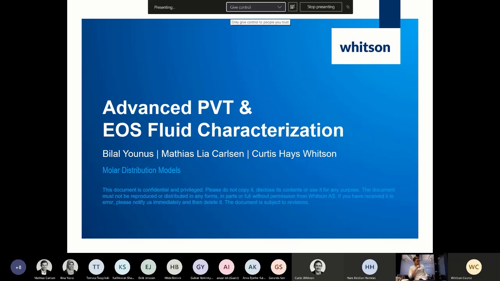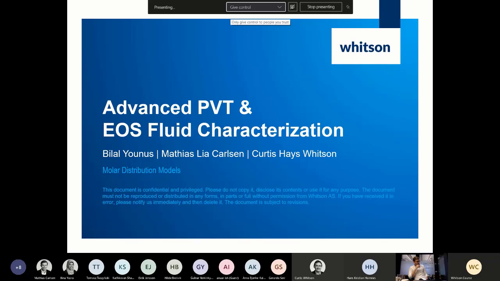What Curtis has said is that if we do proper C7 plus characterization and develop an equation of state model, that initial EOS model, without any tuning, should give us reasonable predictions. And how we can make sure that we have done proper C7 plus characterization, we will also see tomorrow when we will be doing the exercise.